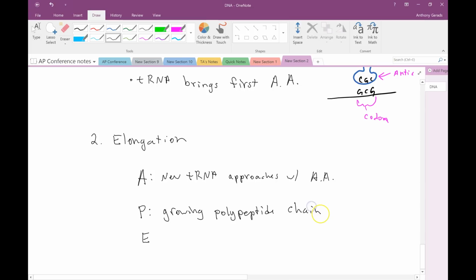Now everything's going to shift over 1. Originally, I had my growing polypeptide in the P site, and the new tRNA approached at the A site. Now that big chain breaks off and adds itself onto the new amino acid, and everything shifts over 1. In the E site, the empty tRNA exits.